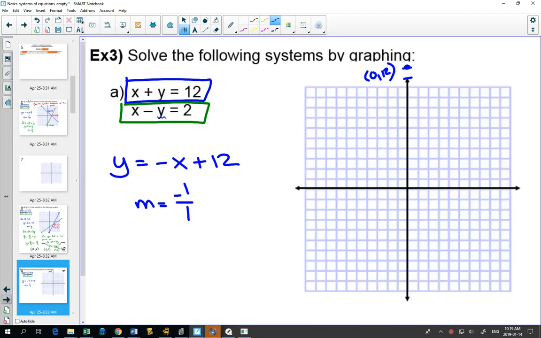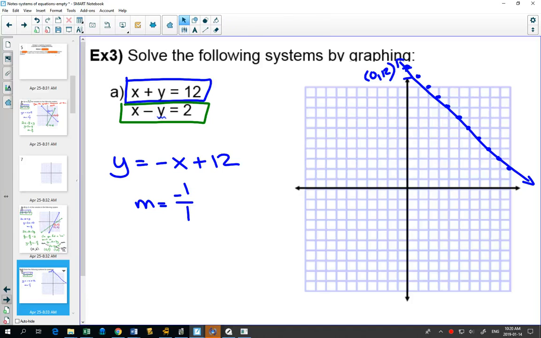It's going to be going down from left to right, down 1 over 1, and then finally I get back on. So with the graphing technique, we like to label a lot of points because our hope is that when we graph our other equation, it works out nicely to hit a point perfectly between the two graphs.